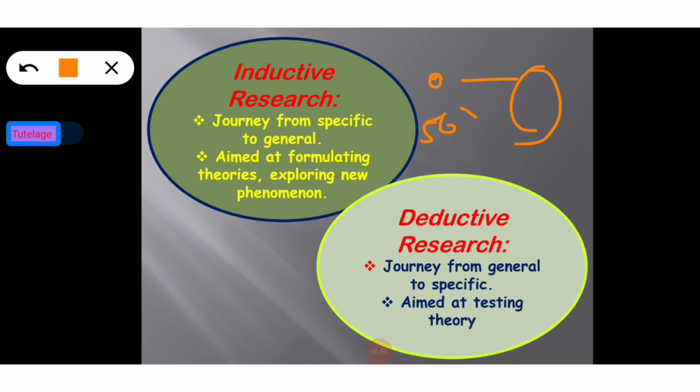50 households we can consider the specific sample size, and we can generalize that to say educated people in the city, in the economy, earn more than the uneducated people. So that indicates the whole population. Okay. And in the deductive research, the journey starts from the general thing to a specific sample size.